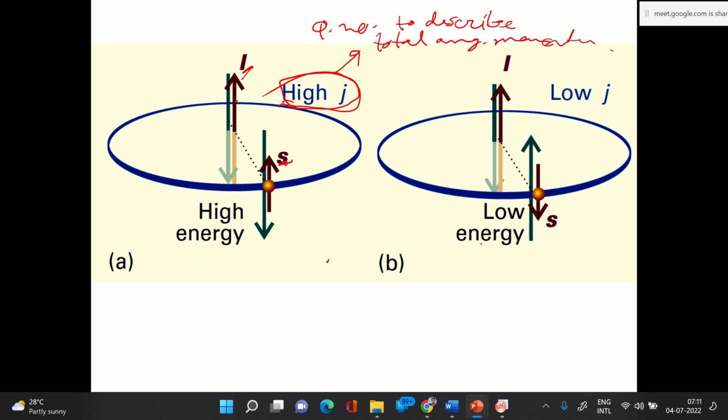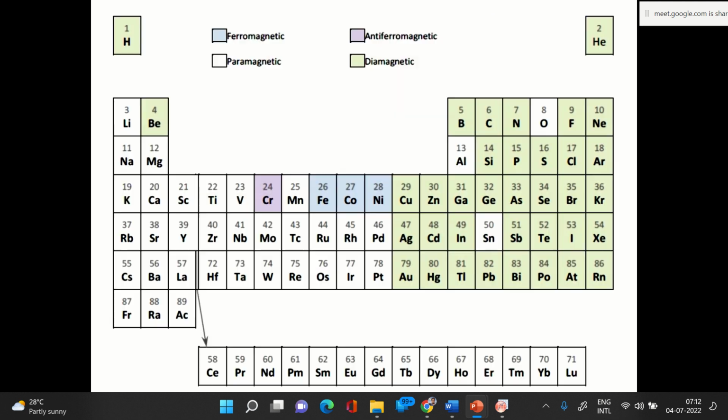If the two angular momenta, orbital and spin, are anti-parallel to each other, then that gives a low energy state. If both are aligned, pointing in the same direction, then that is the high energy situation.